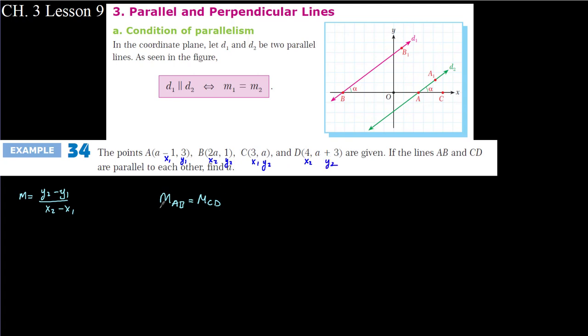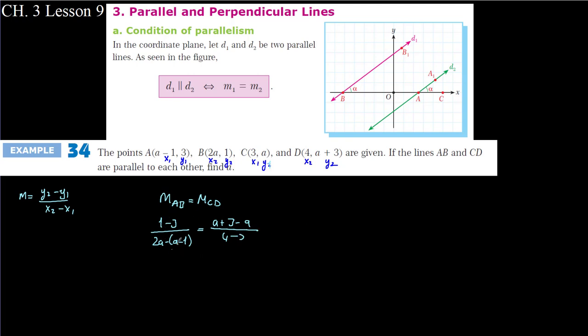So MAB is going to be equal to y2 minus y1, which is 1 minus 3, over x2 minus x1, which is 2a minus a minus 1, which is a plus 3 minus a, divided by 4 minus 3, that is x2 minus x1.